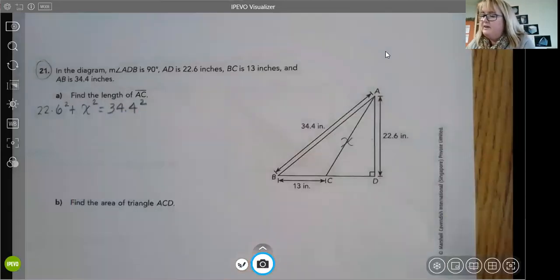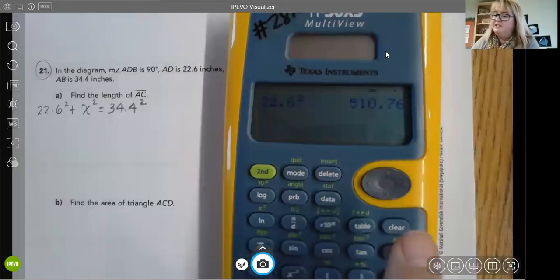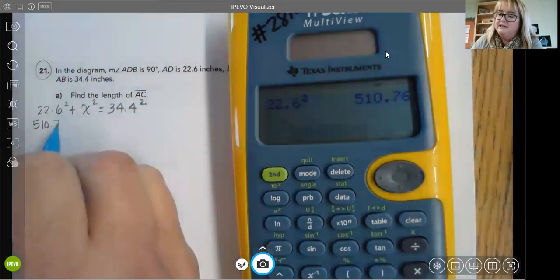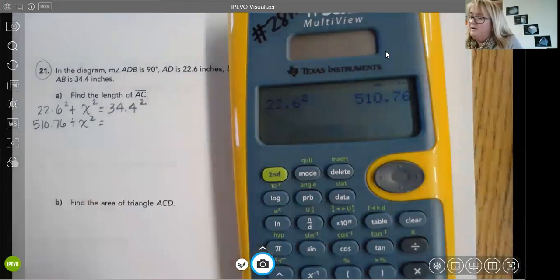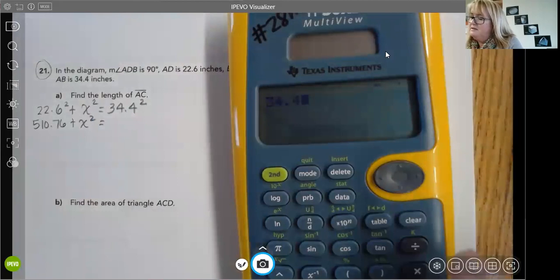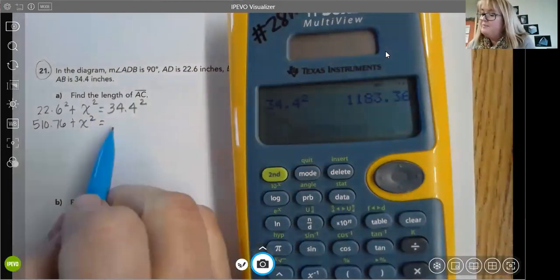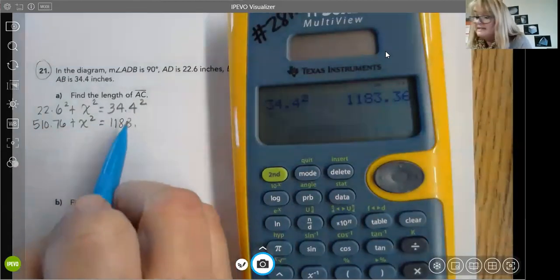Okay, let's figure out what these are. 22.6 squared is 510.76. So I'm going to write that. 510.76 plus x squared equals, let's see what 34.4 squared is. 1,183.36.